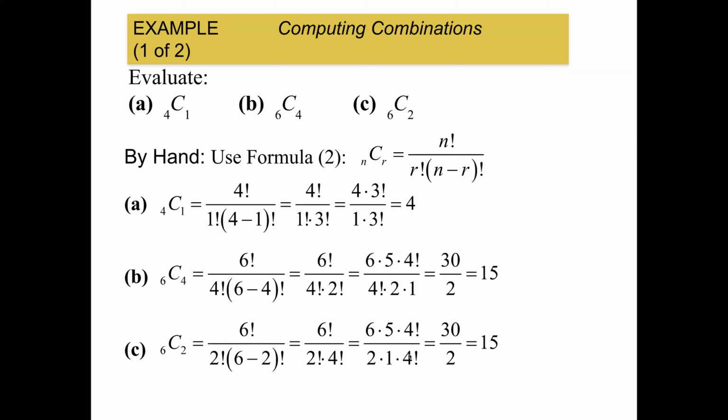So for ease of calculation, we know 6 times 5 times 4 factorial is the same as 6 times 5 times 4 times 3 times 2 times 1. 6 factorial includes 6 times 5, and then we replace the last step with 4 factorial.